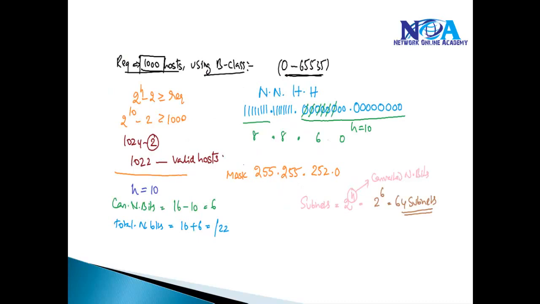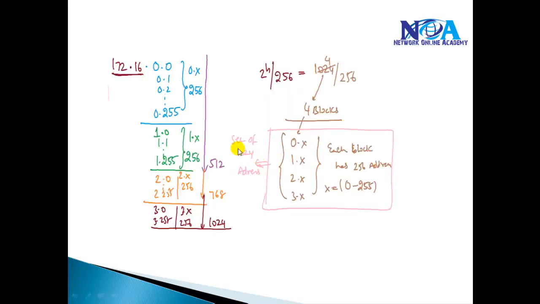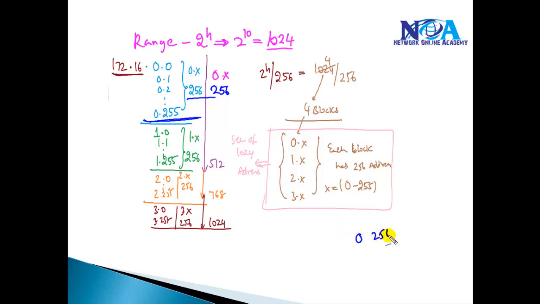Now the next thing is we need to write the range. Writing the range is somewhat difficult here, because the range is always written based on the 2 to the power of h value. After subnetting we got 10 host bits, so the size of each network is 1024. If I write 0.x, like 0.1, 0.2, 0.3, I get only 256 addresses, and it ends at 0.255, and there is no address called 0.256.